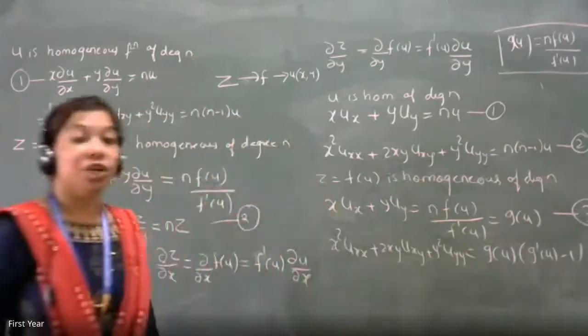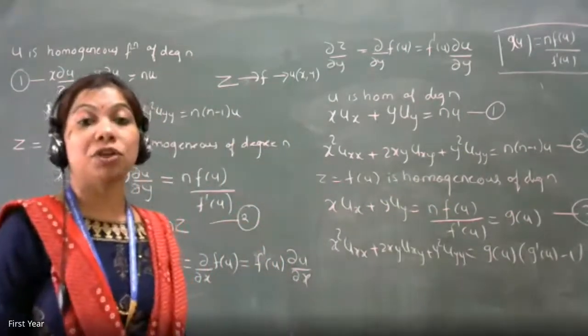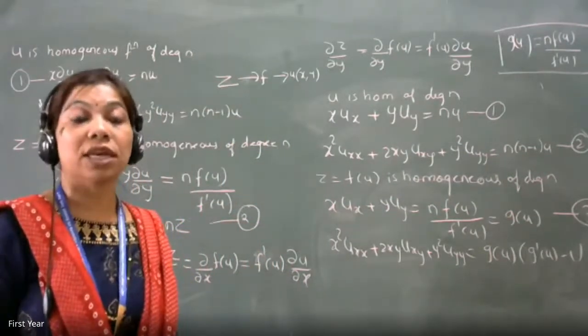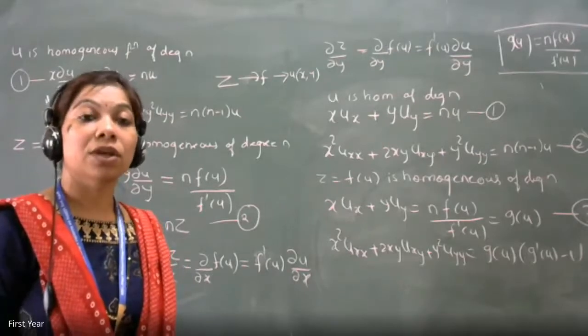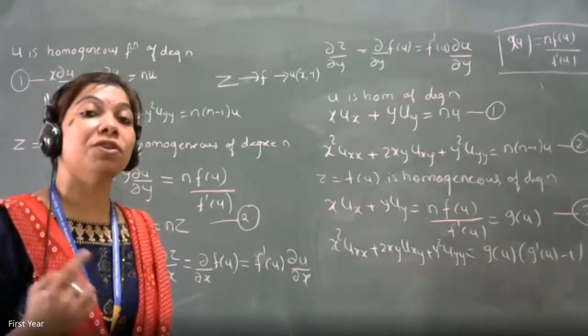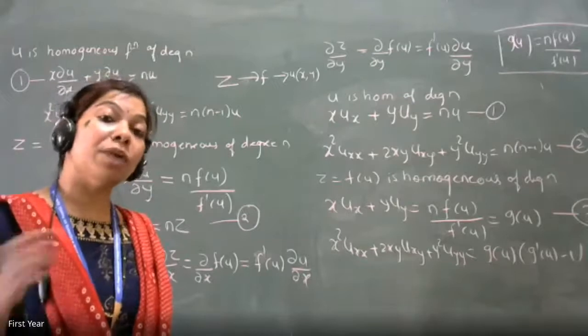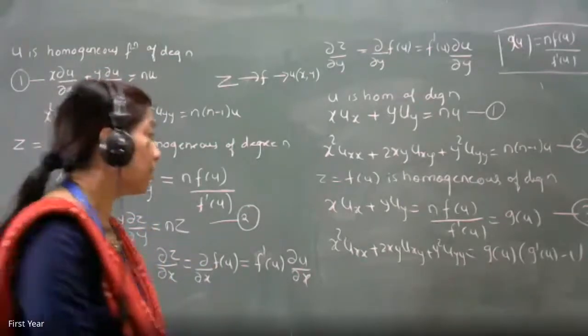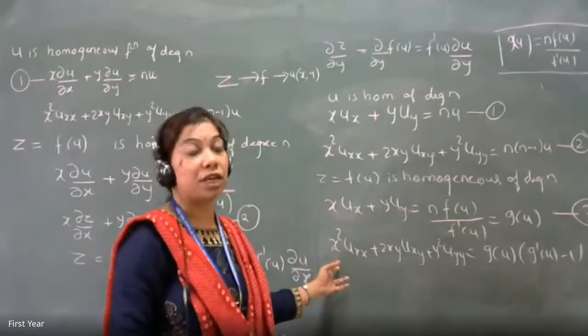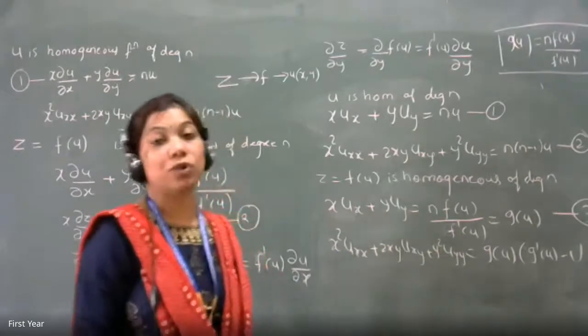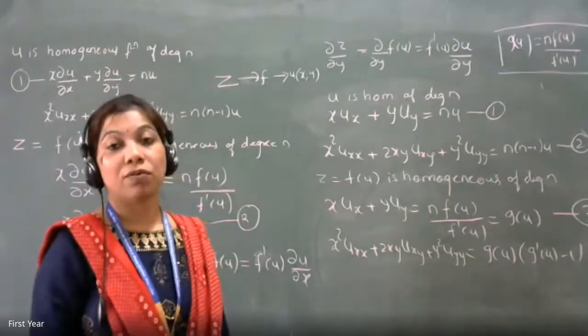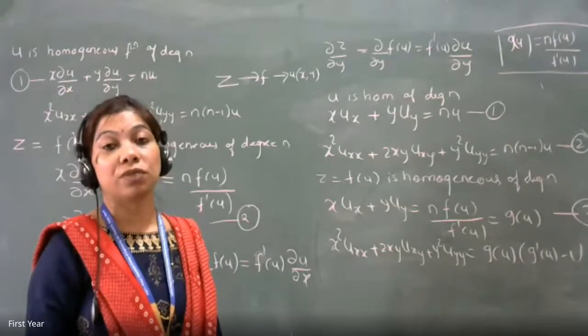Now when I am saying g dash of u, that means I am differentiating with respect to u and not with respect to x. Is that clear? g dash of u means I am differentiating with respect to u. So again, del by u by del by x should not be written directly, that we have taken all the things on left hand side and got this answer. So g dash of u means suppose you get tan of u, tan of u is your g of u. Then what will be g dash of u?